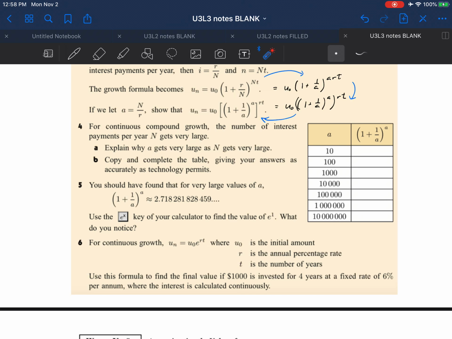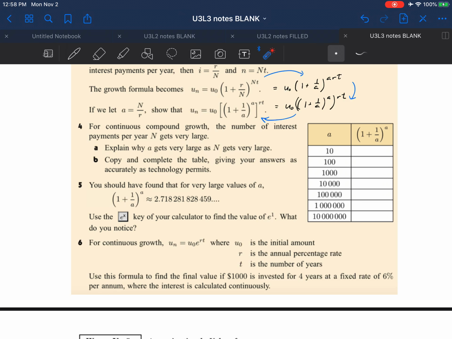And what I'm going to compute is 1 plus 1 over that number, raised to that number. So I'm going to create a second cell, and this is going to equal 1 plus 1 over this, raised to this.